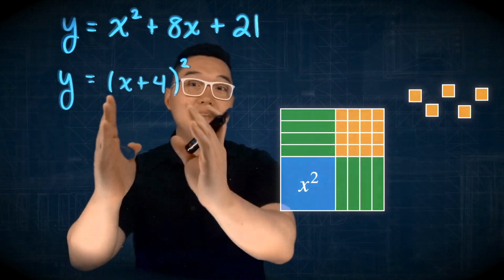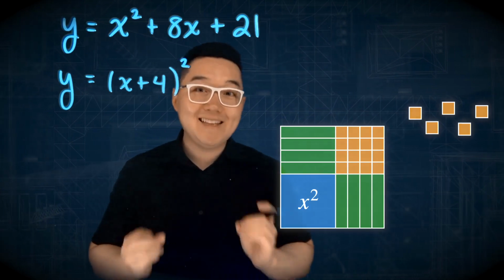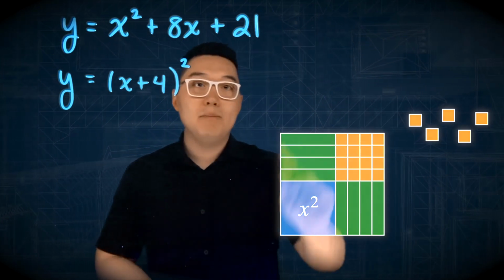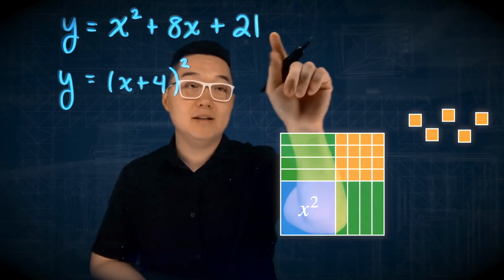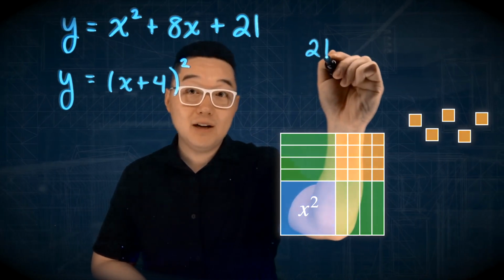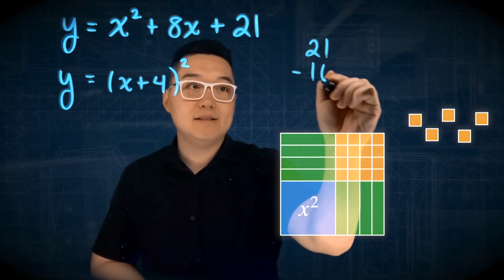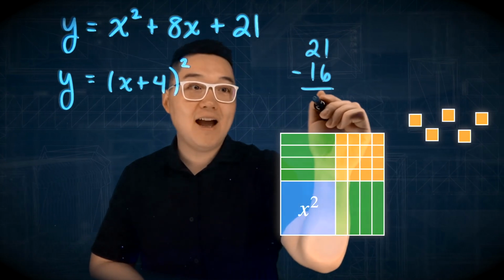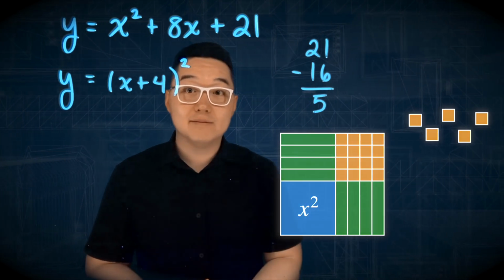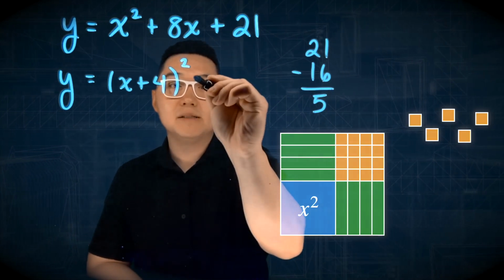However, to build that perfect square, we needed 16, but I already had 21. Since I already had 21, but I need 16, I have 5 left over. So the remainder is plus 5.